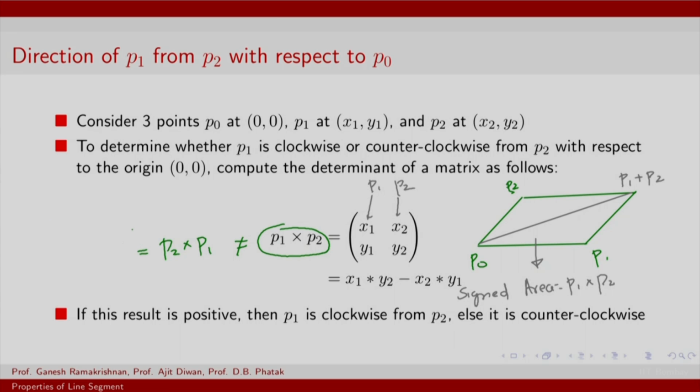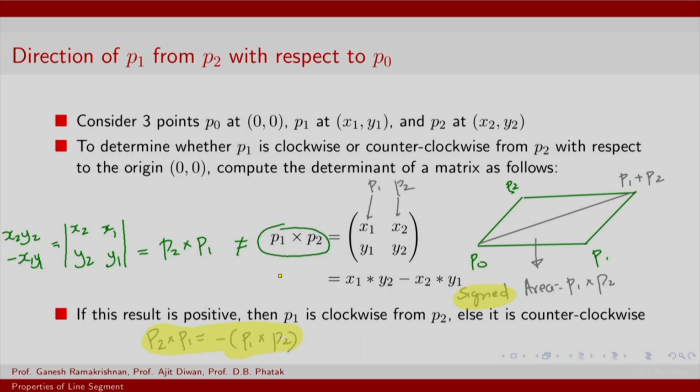Similarly, the cross product P2 cross P1 can be written as this determinant with columns x2, y2 and x1, y1, and this is nothing but x2 y1 minus x1 y2. So one can see that P2 cross P1 has exactly the opposite sign of P1 cross P2. And that is why we refer to this area as a signed area.